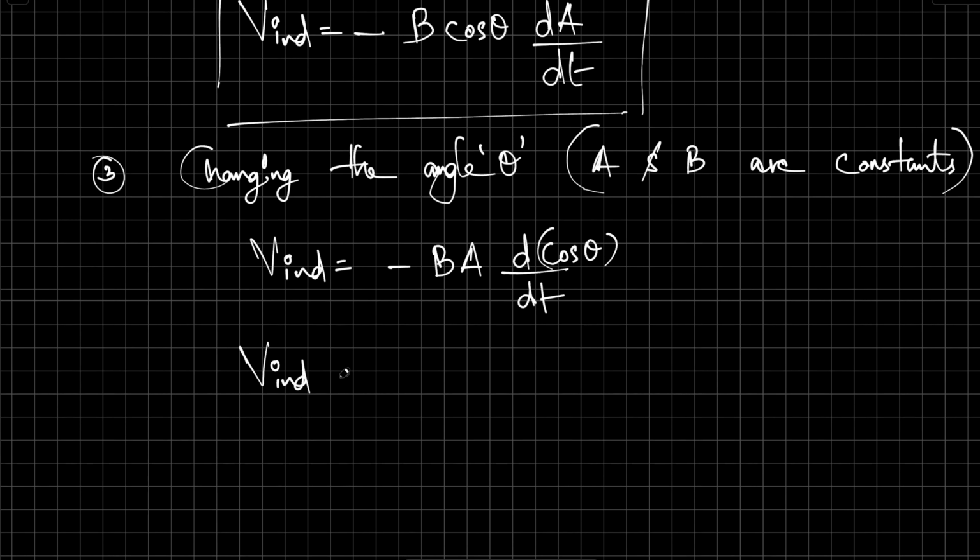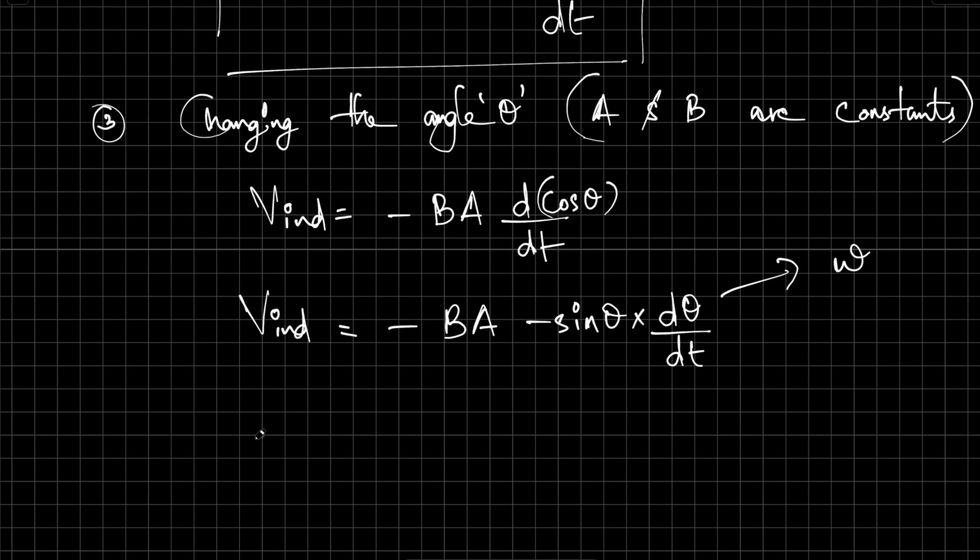So V induced is equal to minus BA. D by dt of cos theta is minus sine theta times, we have theta here, but we are differentiating with respect to t, so we should multiply d theta over dt. D theta over dt is the angular frequency omega. So I'm going to replace d theta by dt with omega.